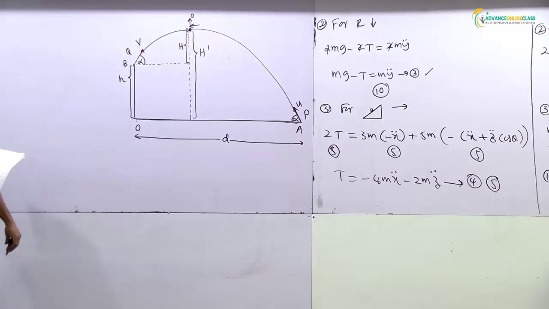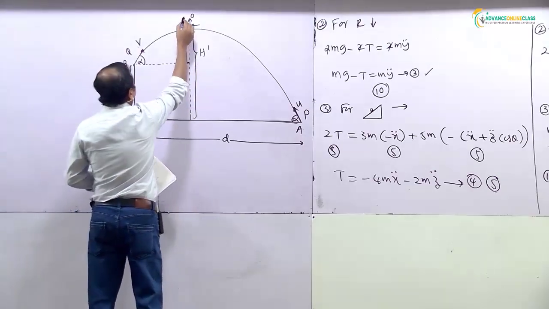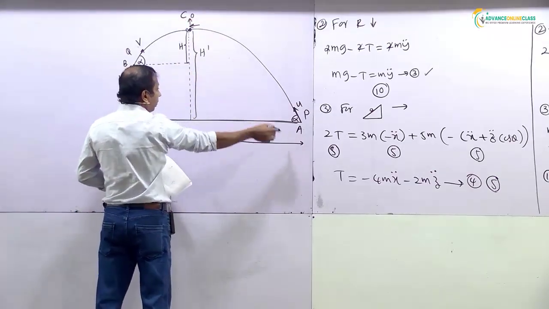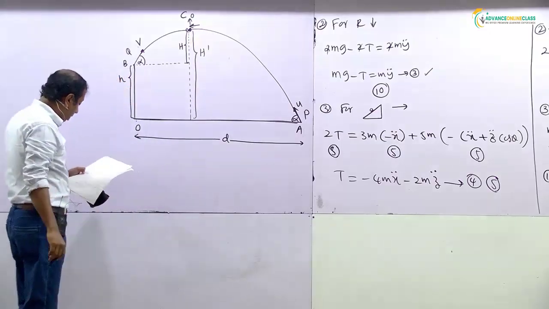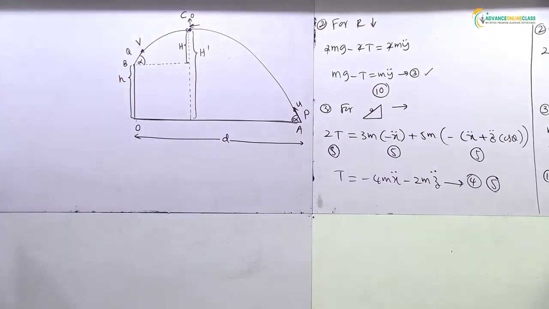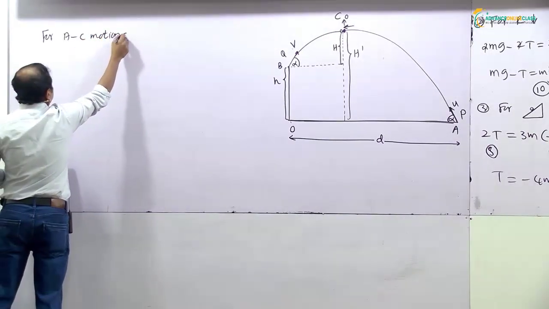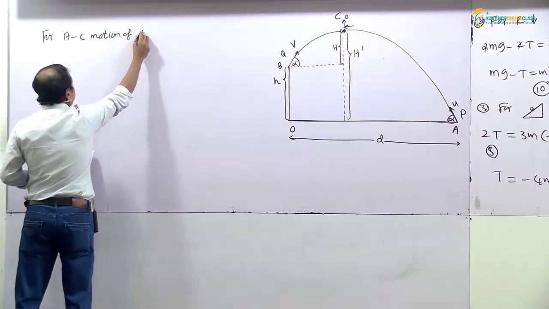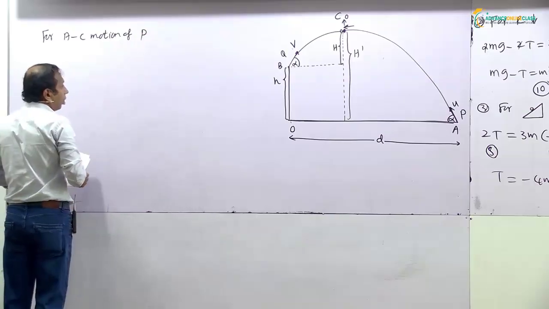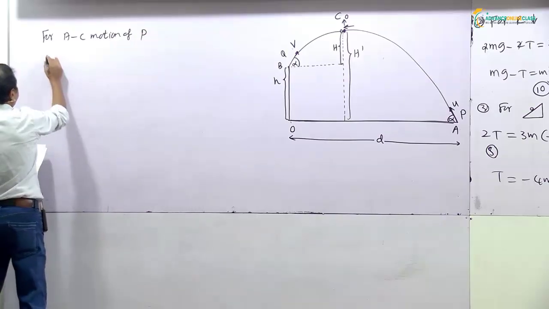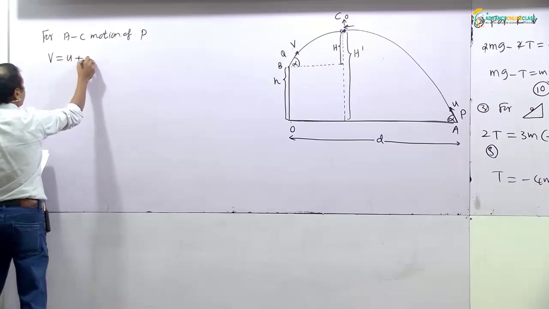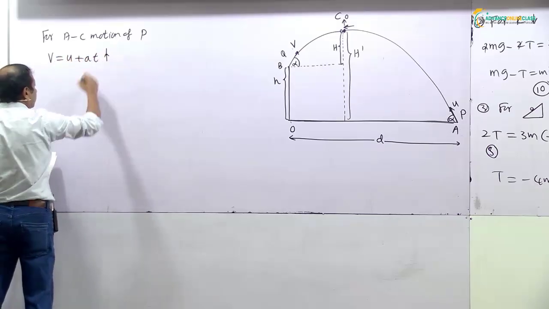Now I take this point as C, where the two particles collide each other. For AC motion of P, we apply v equals u plus at upwards.